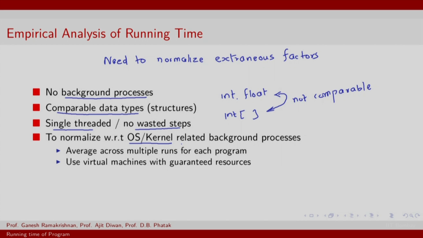Even after all of this, you wouldn't know what kind of system generated interrupts or any other extraneous factors related to temperature and so on might affect the running time of your program. So you need to also average across multiple runs for each program. One good practice is to run virtual machines which have guaranteed resources. Obviously you need to run these virtual machines on very high capacity servers.